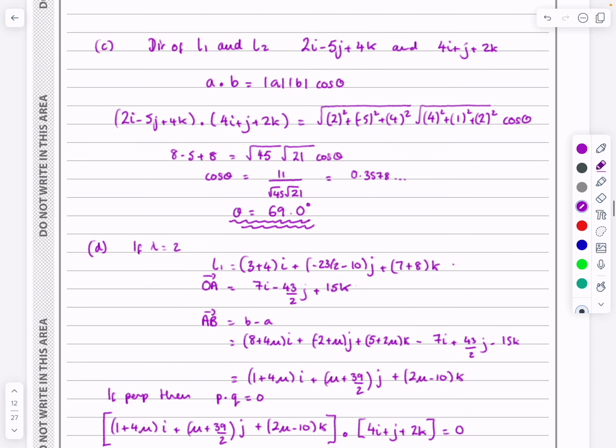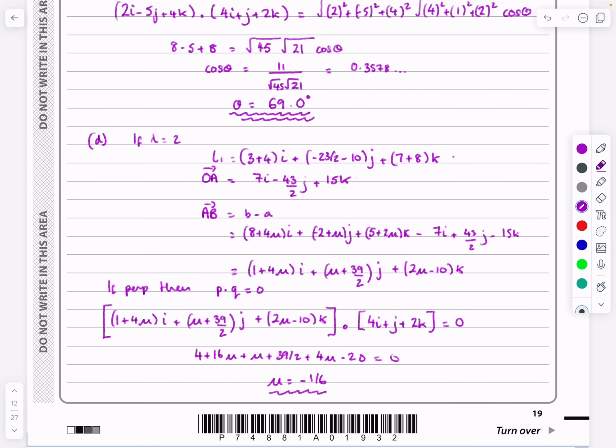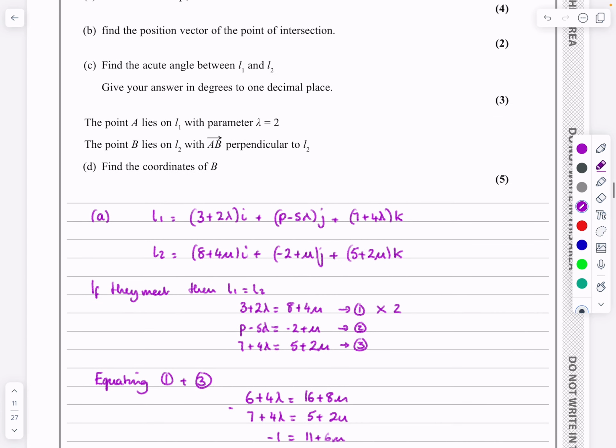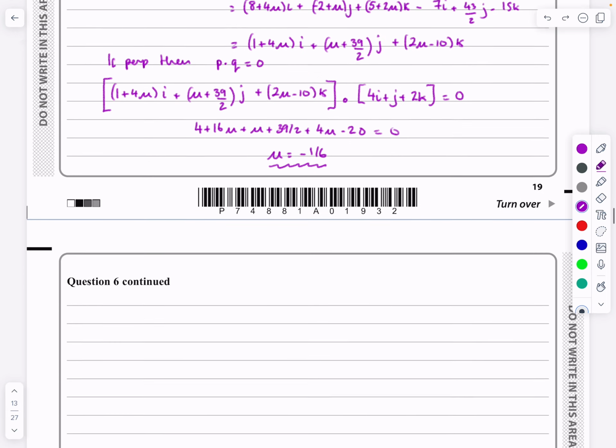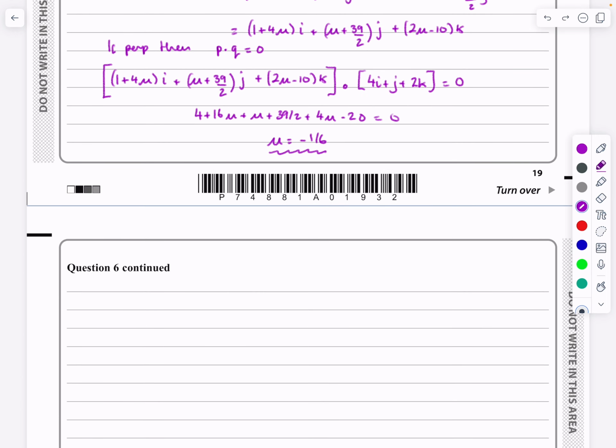But what they wanted to do was they wanted to know point B, didn't they? They wanted to know the coordinates of B. So if mu is equal to minus a sixth, OB, remember, is 8 plus 4 mu i, minus 2 plus mu j, and 5 plus 2 mu k.